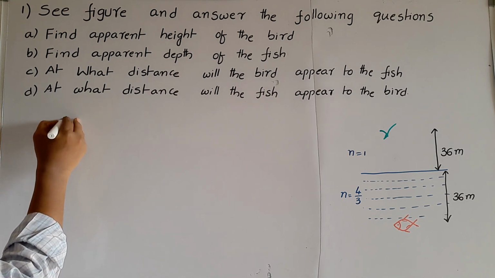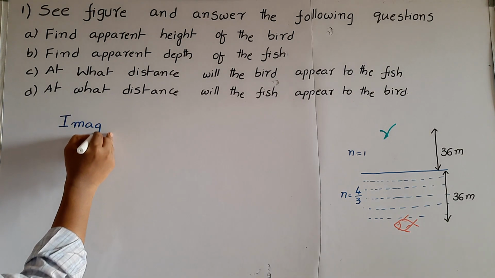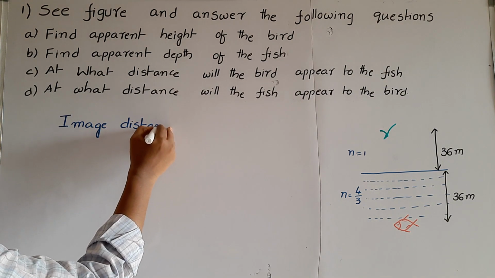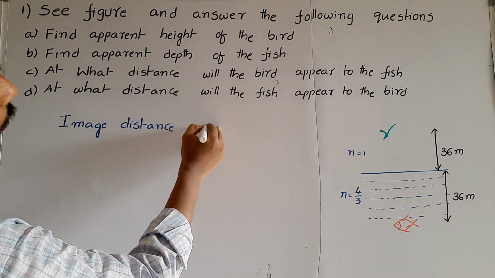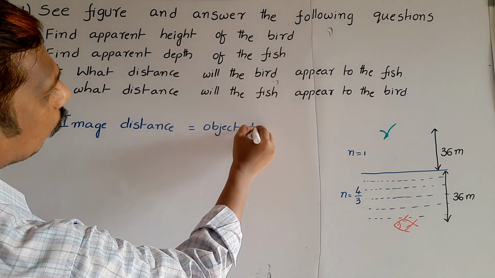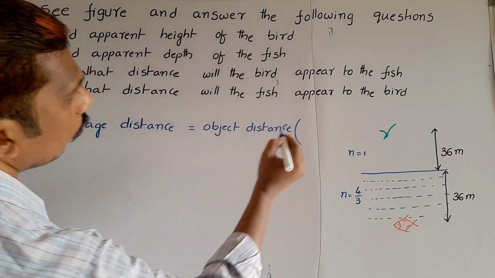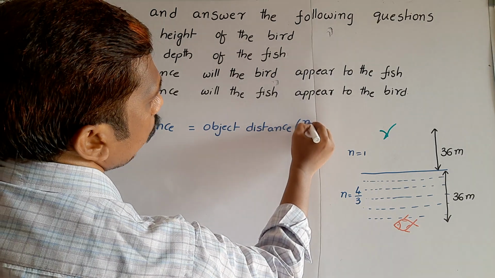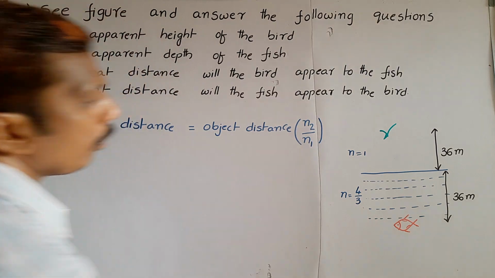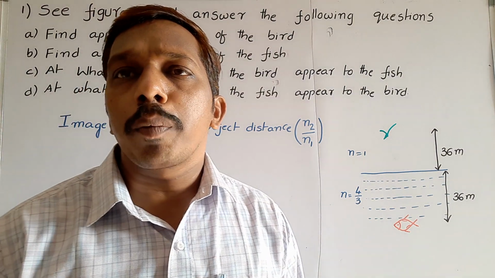Image distance is equal to object distance into refractive index of second medium by refractive index of first medium. If we remember this formula, by using it we can easily solve the problems.